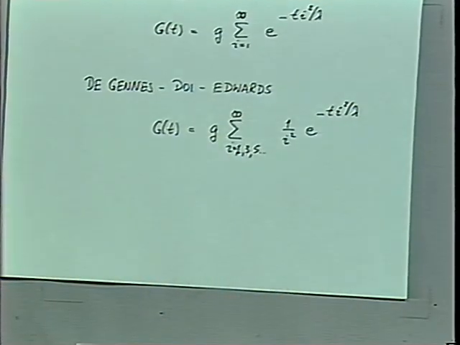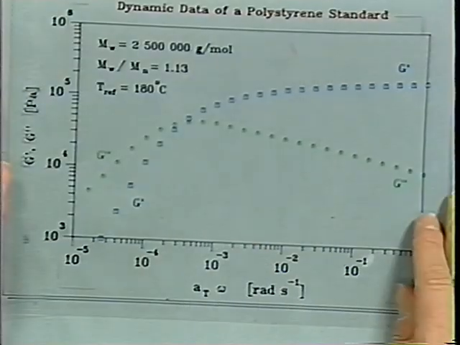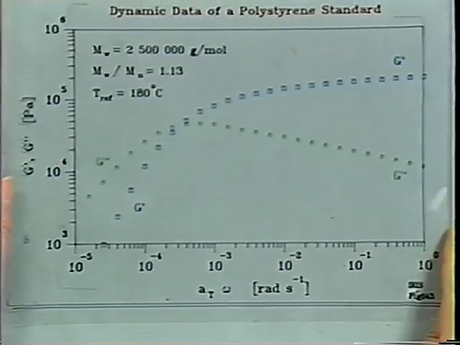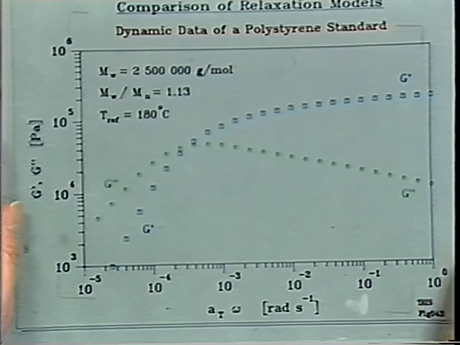But the shape of the Doi-Edwards spectrum is unique. There's just one shape, and it either fits experimental data or it doesn't. So let's look now at the experimental data, at the data before, and we will just take the data from the 2.5 million sample of Schausberger.